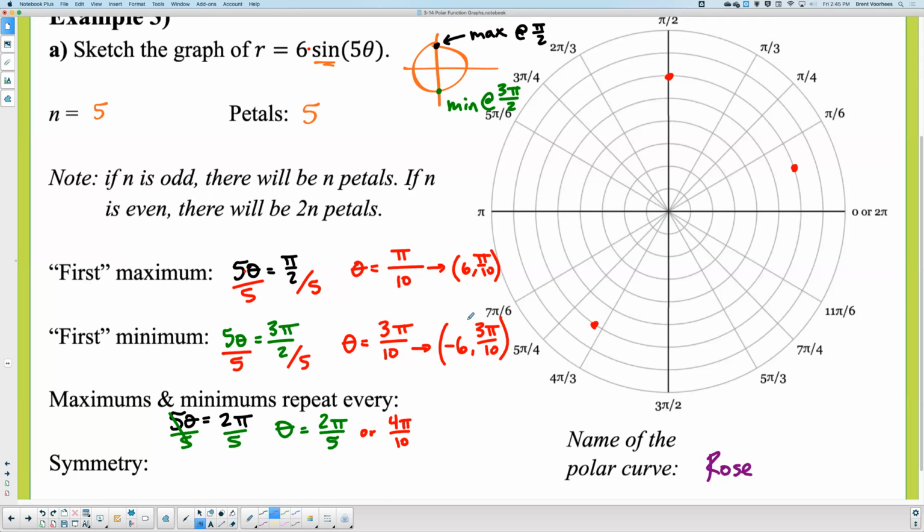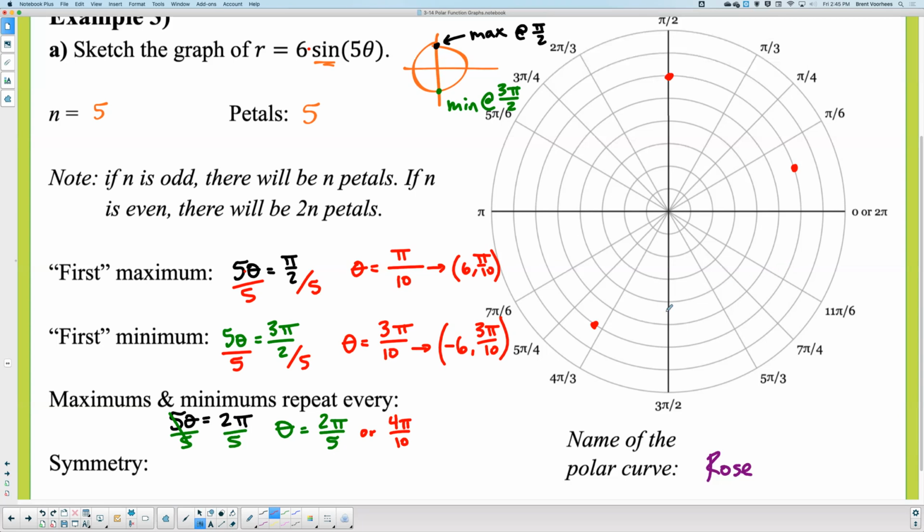And then I'll have another minimum if I took this 3 pi and add 4 pi. What's 3 pi over 10 plus 4 pi over 10? 7 pi over 10, which is in here, I think. 7 pi over 10 should be over here somewhere. It would reflect across, and it'll have a negative somewhere over here.